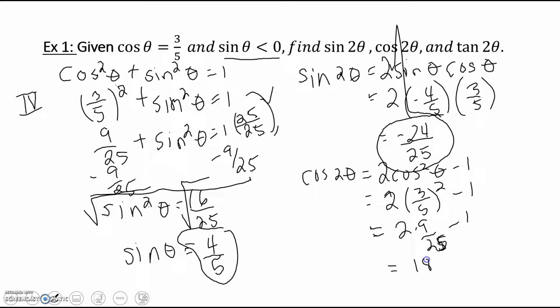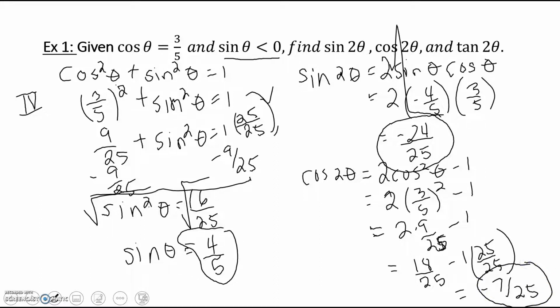So that's 18 over 25 minus 1. Find a common denominator. That would be 25 over 25. And so 18 over 25 minus 25 over 25 is going to be equal to negative 7 over 25. So that would be our cosine of 2 theta, negative 7 over 25.